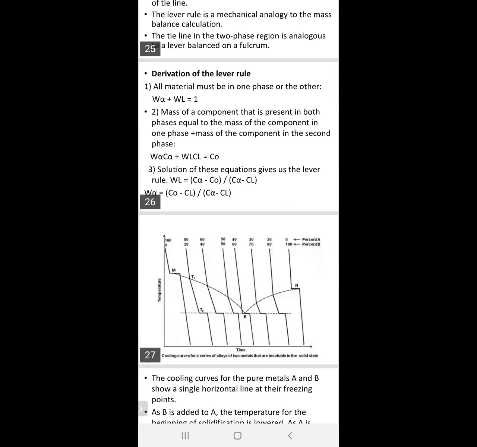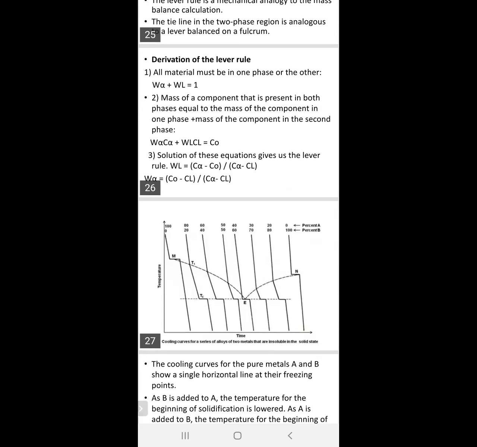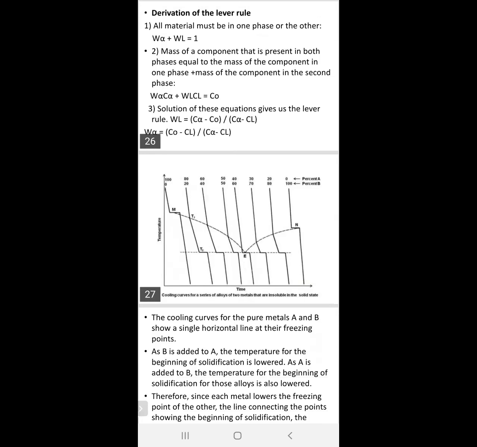That is W alpha C alpha plus WL CL equals C naught. The solution of these equations gives us the lever rule: WL is equal to C alpha minus C naught, over C alpha minus CL.